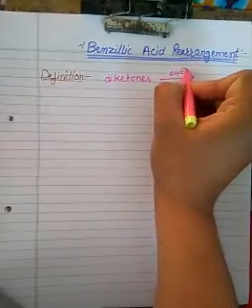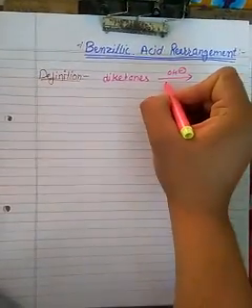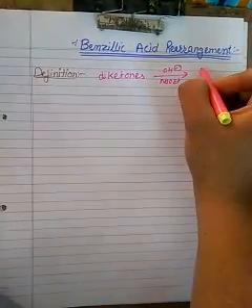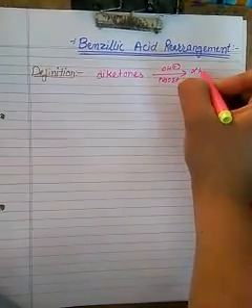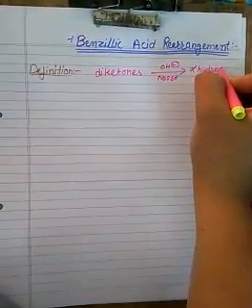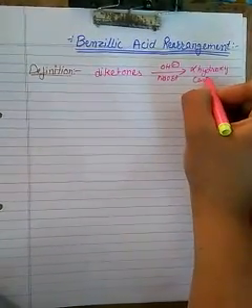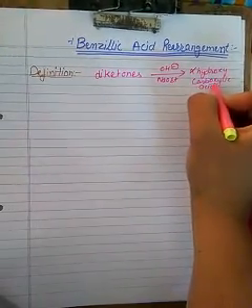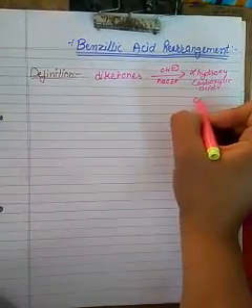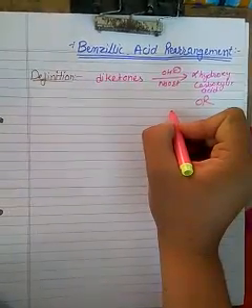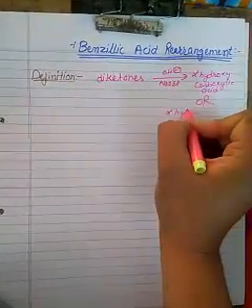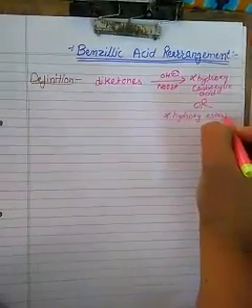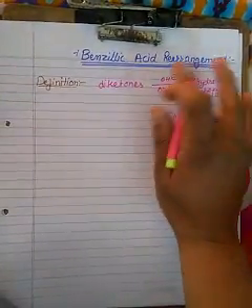It may be sodium hydroxide or sodium ethoxide, that is NaOEt, to form alpha hydroxy carboxylic acid or alpha hydroxy esters, known as benzilic acid rearrangement.